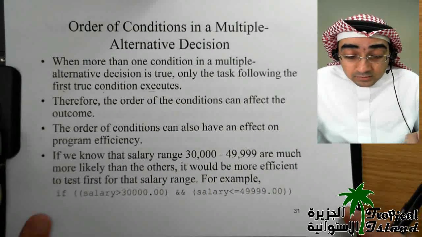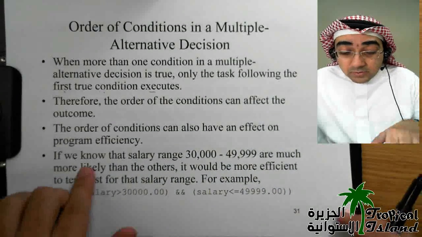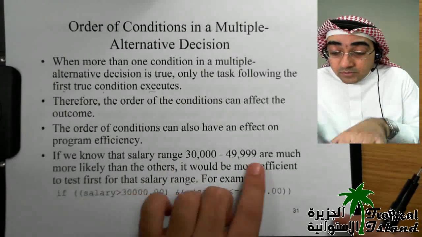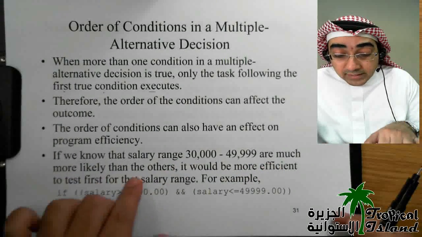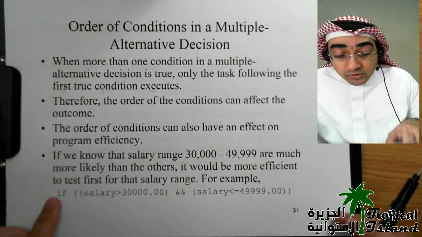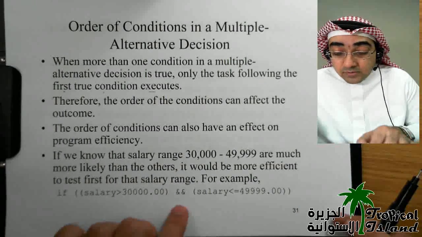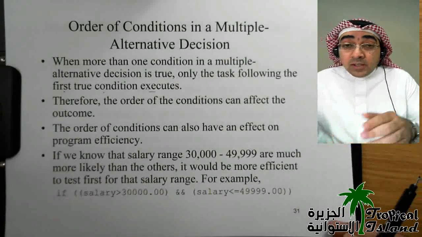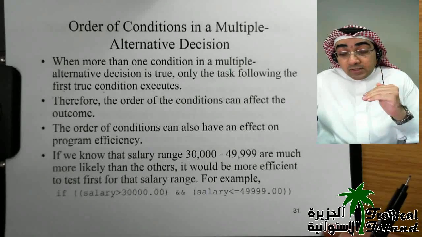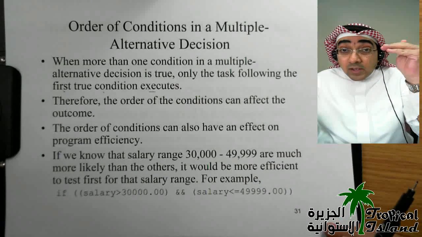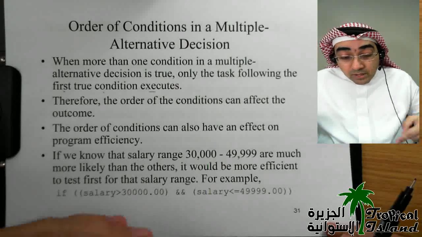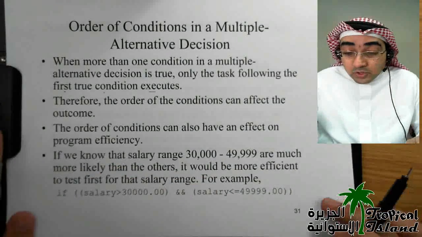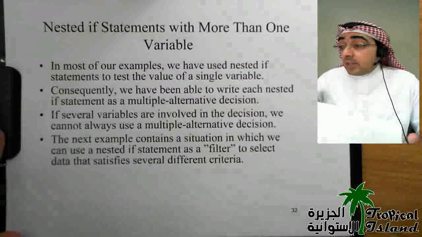Okay. So an example is, if we know that 30,000 to 49,000 are much more likely than the others, it would be more efficient if we write if salary is greater than 30,000 and salary less than 49,000, and we check this condition, then we have the other conditions, because this condition, if it's true, is going to jump out, so we have a smaller number of conditions to check in the else ifs.